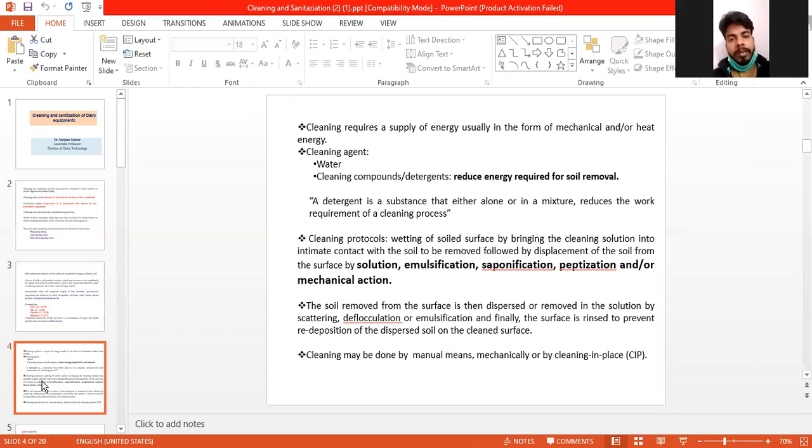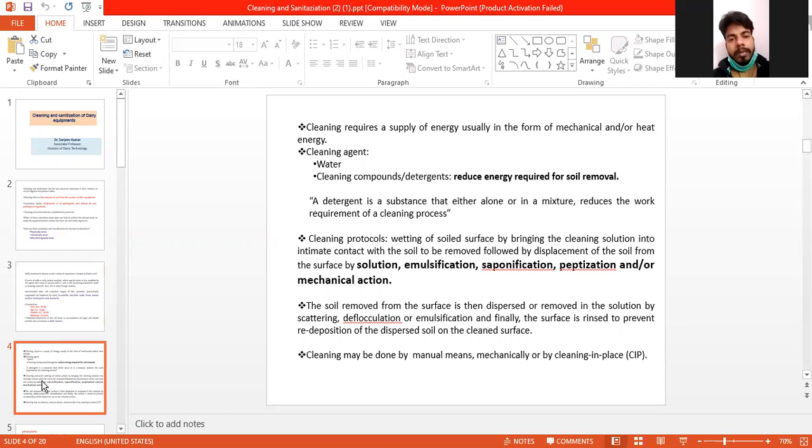Cleaning requires energy, usually in the form of mechanical or heat energy, or cleaning agents such as water, cleaning compounds or detergents that reduce the energy required for soil removal. A detergent is a substance that, either alone or in a mixture, reduces the work requirement of the cleaning process.